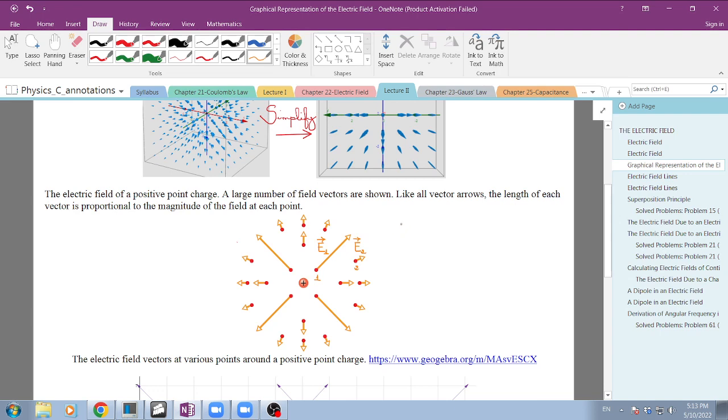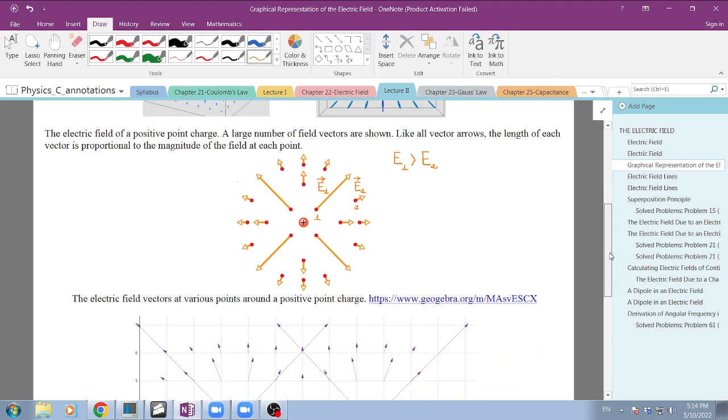The electrical field strength at point 1 is greater than the electrical field at point 2, because the length of this arrow represents the magnitude of the vector, right? This representation is very important.